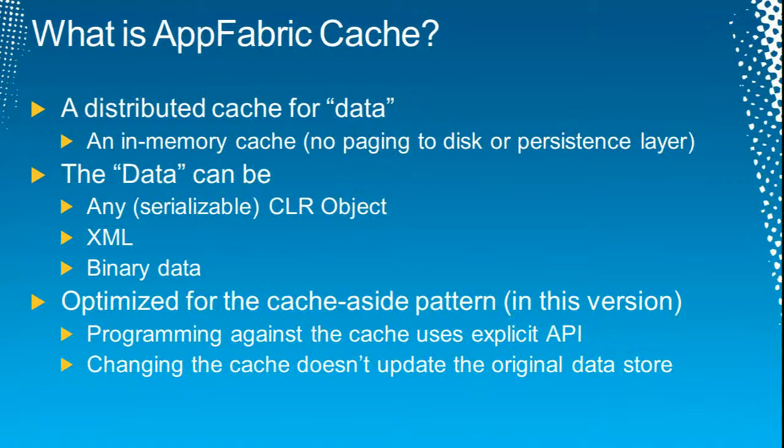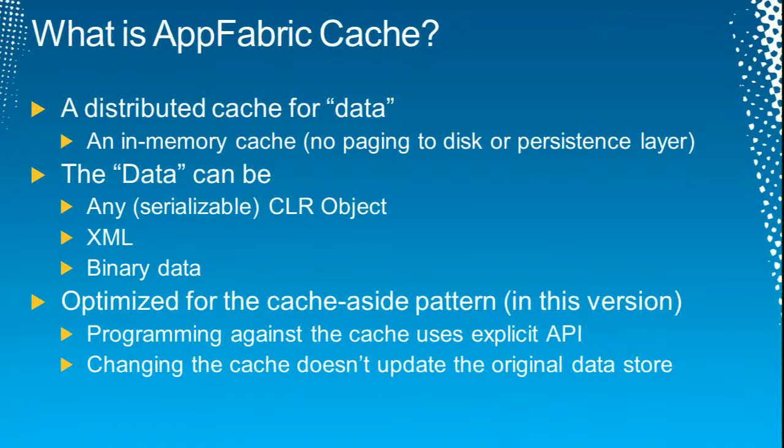We have one version of the data. All of our web servers are using that same data, or application servers, right? It doesn't have to be a web server. It could be a WCF service or whatever, right? All of them are going to be using the same copy of the data. Okay? That makes sense?